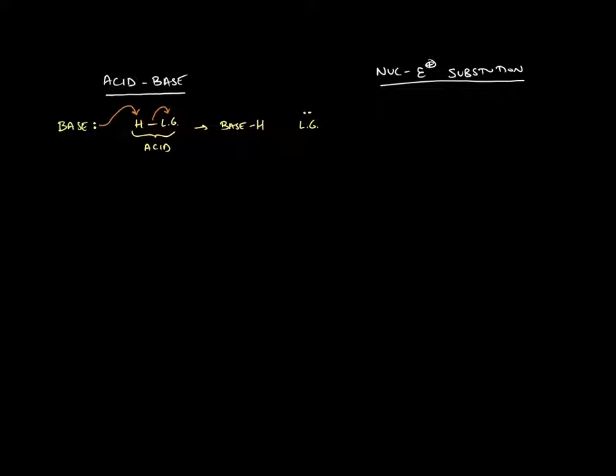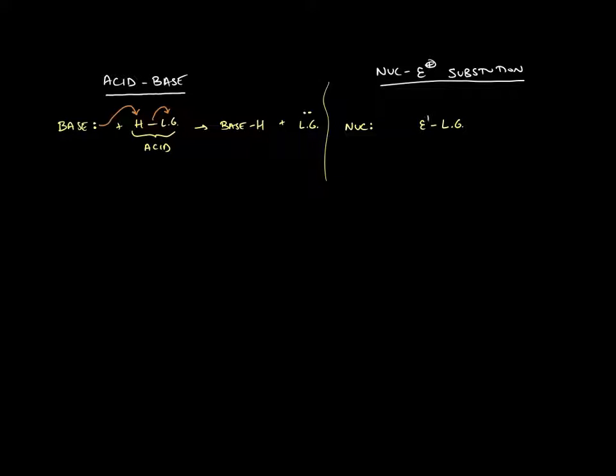All right, I'll put some pluses in so we can tell that this is not scooching into the nucleophile-electrophile section. All right, in the nucleophile-electrophile, we had a nucleophile, which is really the same thing as a base for the most part. It's something that has electrons it wants to share, but instead of having hydrogen attached to a leaving group, we had something else attached to the leaving group.